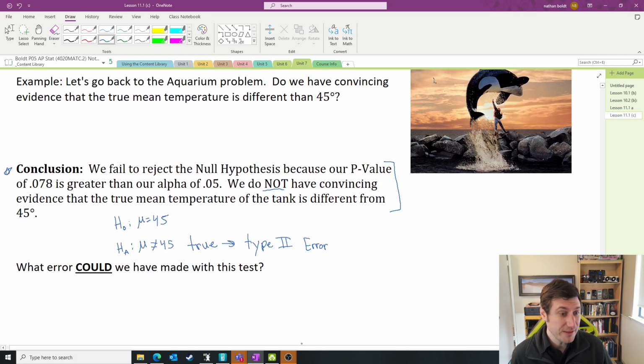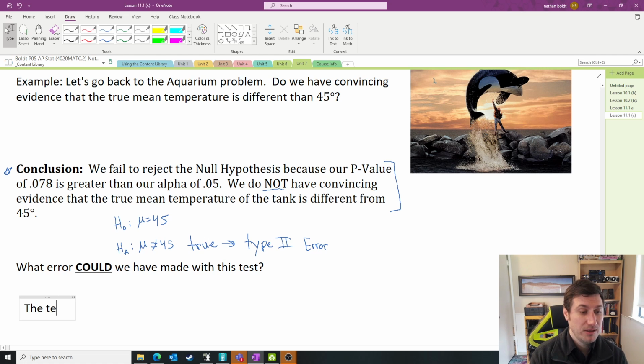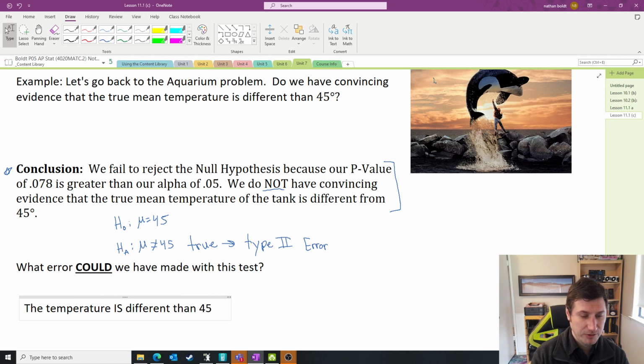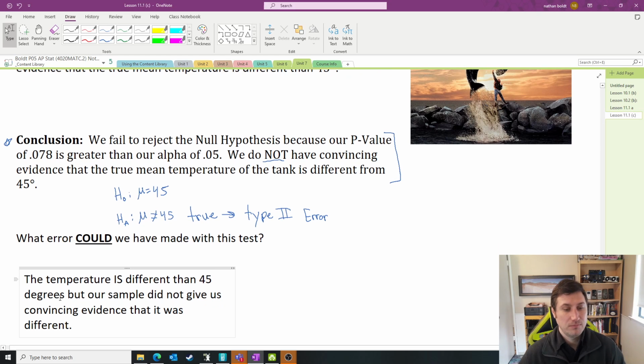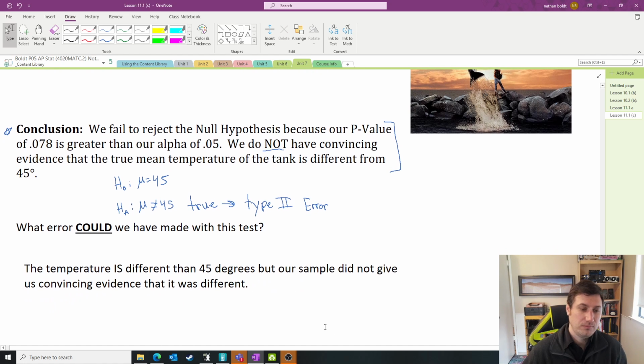The temperature was different than 45 degrees. So this is the error that could have happened. The temperature is different than 45 degrees, but our sample did not give us convincing evidence that it was. That would be a type 2 error.